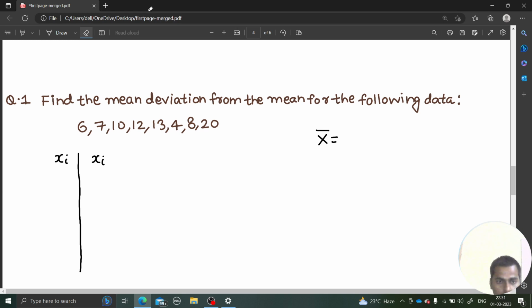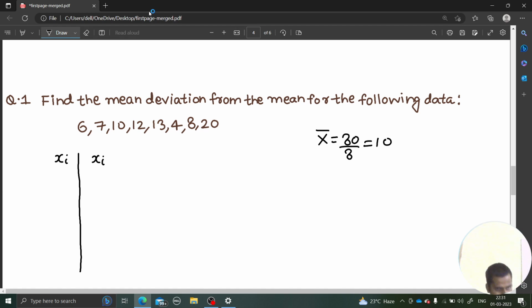This is coming out to be 80. And how many data are there? We have 6 and 2, 8. 5 and 3, 8. Okay. So if I divide this by 8, I am going to get 10. So mean is 10.